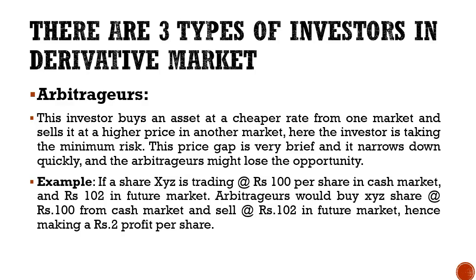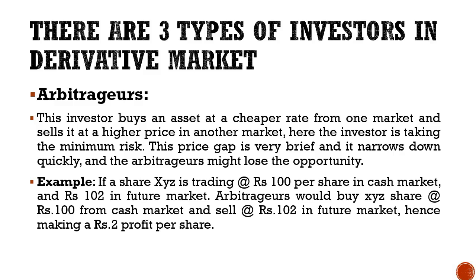For example, if a share XYZ is trading at 100 rupees per share in cash market and 102 rupees in future market. So at spot rate it is 100 and in future market it is 102. So here the arbitrageur would buy XYZ share at 100 rupees from the cash market and sell it at 102 in the future market, hence making 2 rupees profit per share.